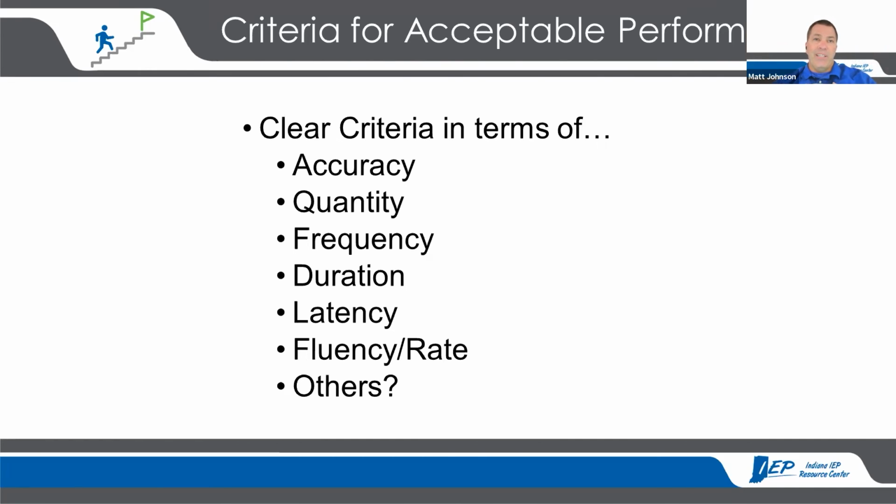And then frequency, that usually is an observation piece where we're counting how often something happens, like out-of-seat behavior, on-task behavior, how often. Some on-task usually is duration, though. It depends on how you look at it, I guess. Now, fluency and rate is speed. How fast will they do something?